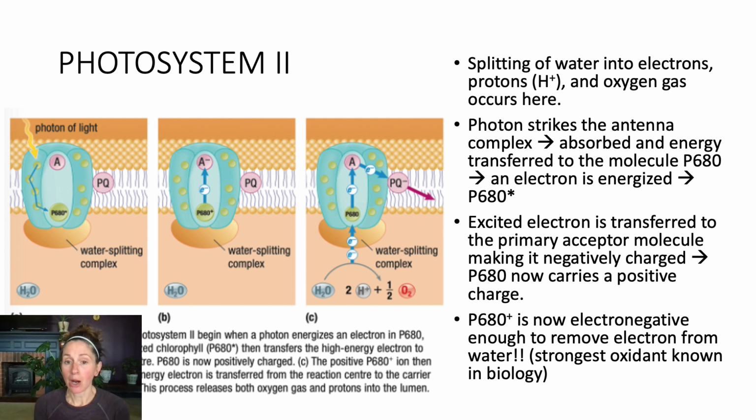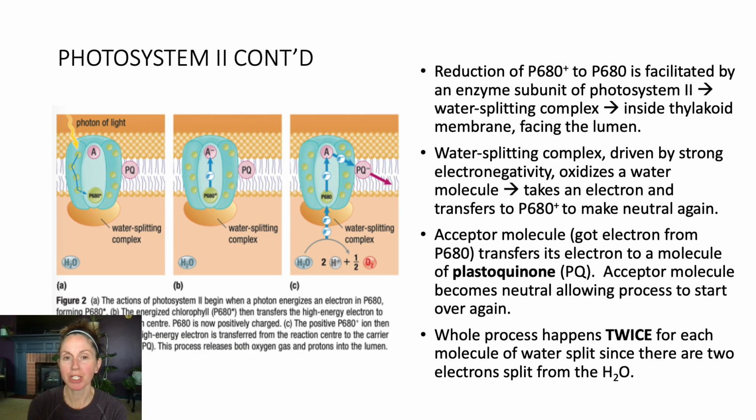And then now, as P680 plus, it is so electronegative that it can actually remove electrons from the water. So that's extremely fascinating, if you will. So reduction of P680 plus to P680 is facilitated by the water splitting complex, which is on the lumen side of PS2.